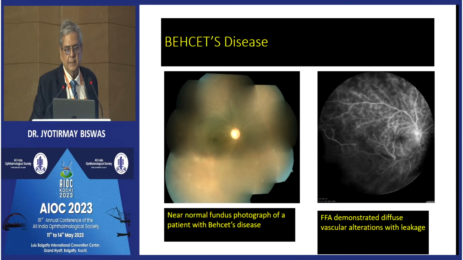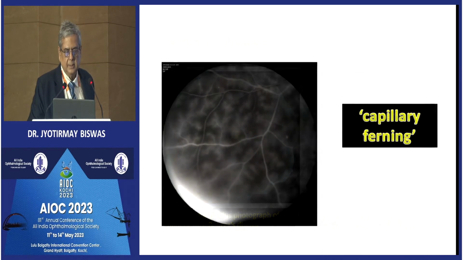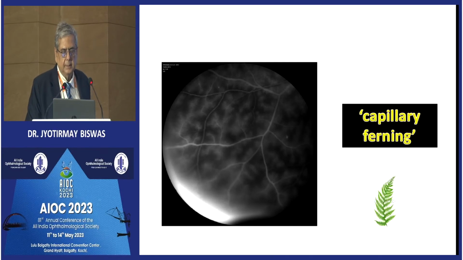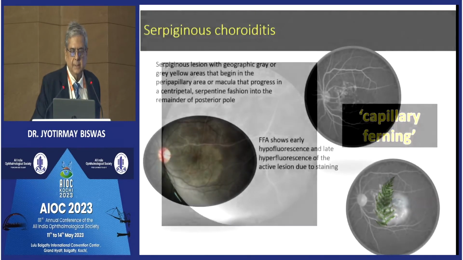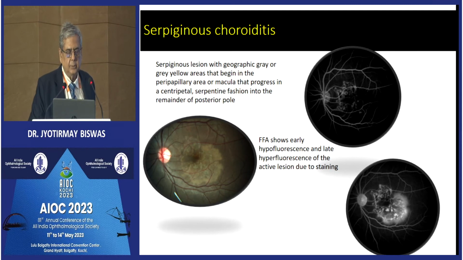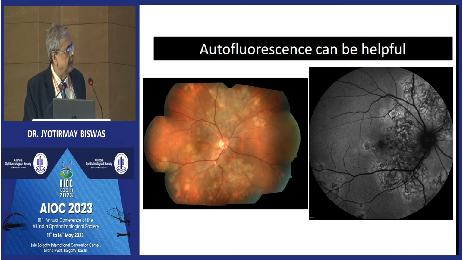This is a case of Behcet's disease, where you can see the gross capillary non-perfusion and capillary fern-like leakage over the lesions, which is quite suggestive of Behcet's disease. In case of serpiginous choroiditis, in active and inactive stages, the active serpiginous choroiditis would show a hyperfluorescent border and the central area with hyperfluorescence.